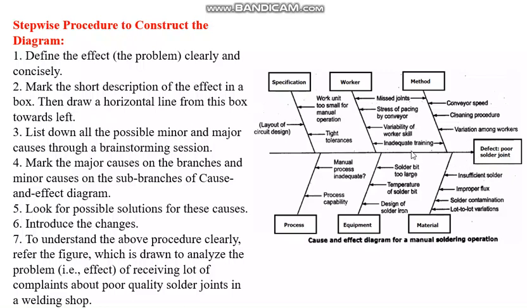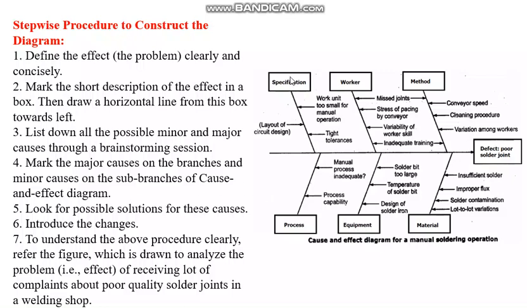Now list all the possible minor and major causes through brainstorming sessions. See these, which are the minor causes, which are the major causes. List all of them in a numbered list or something.